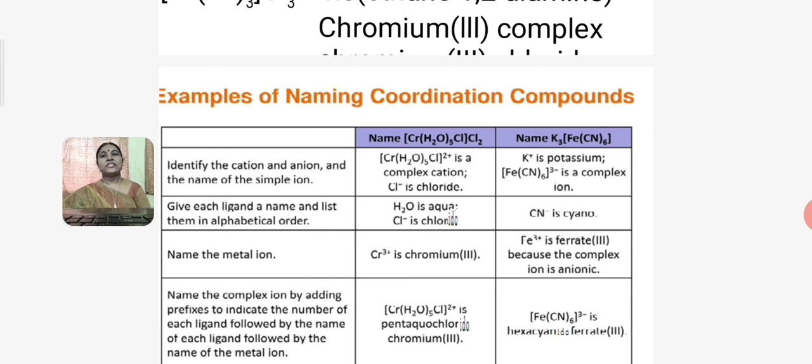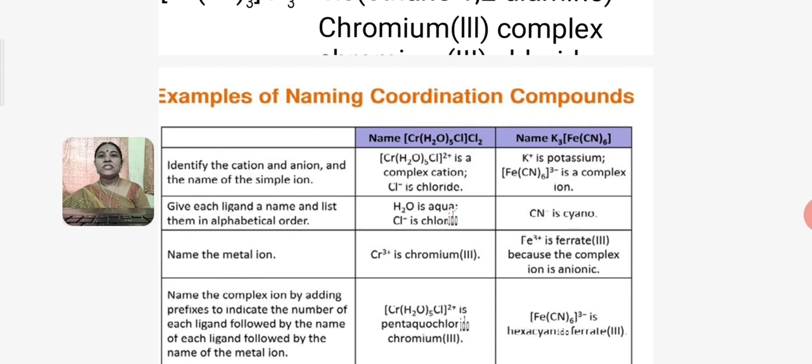In this complex, first identify the cation and anion and the name of the simple ion. Here the complex cation is [Cr(H2O)5Cl]2+, and the anion is Cl minus. Give each ligand a name and list them in alphabetical order.